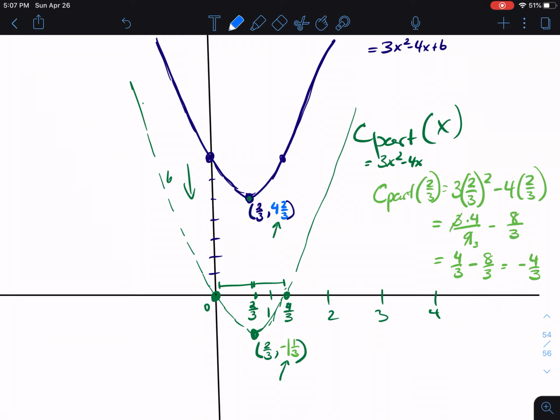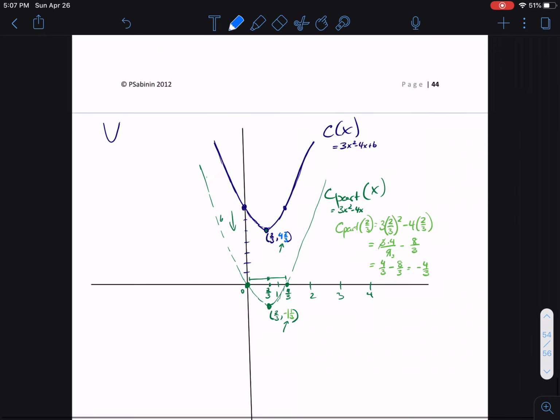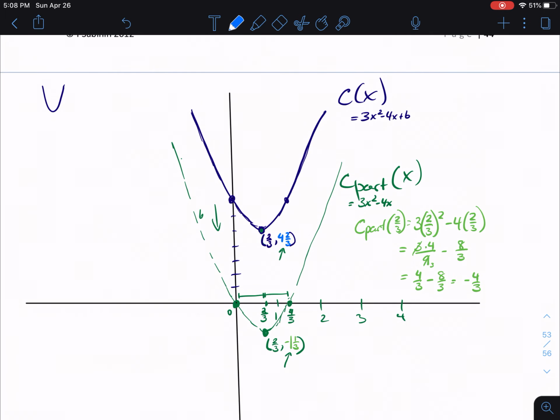Interesting. So what we were able to figure out is that we can use this partial function, by chopping off the y-intercept, the constant, to find where the vertex is.